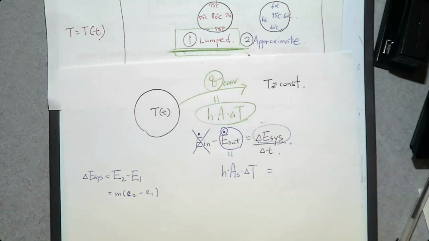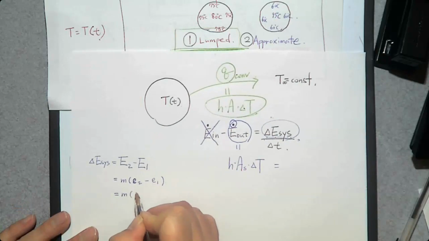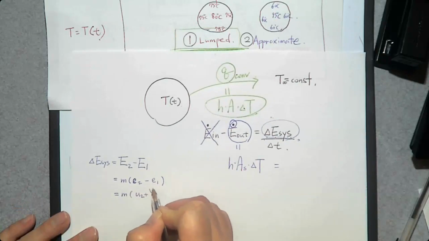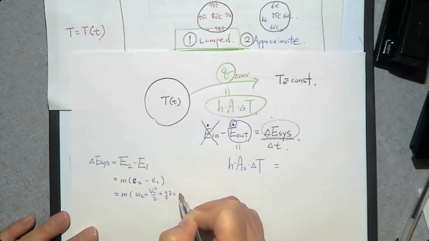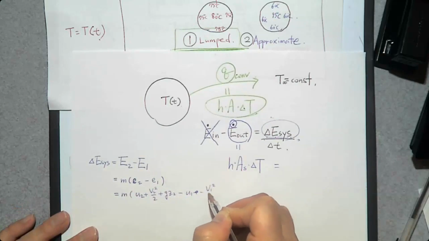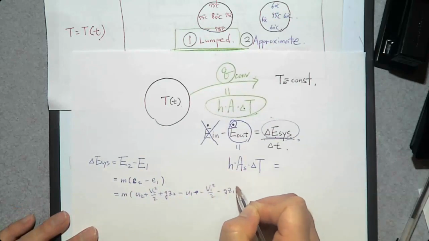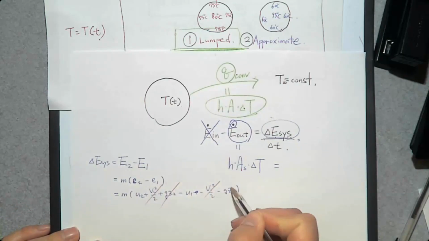How do we determine this lowercase e? It can be U2 plus kinetic energy and potential energy, minus U1 plus kinetic energy and potential energy. That's what we studied in thermodynamics, right? Then, is there kinetic energy change or potential energy change? Not really. So you can neglect kinetic energy change and potential energy change.